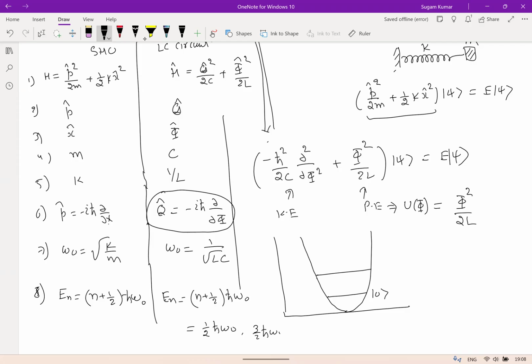Similarly, you can call them 1 and 2 and so on. And you can see that these states are equally spaced. The spacing here is ħω, ħω, and ħω.